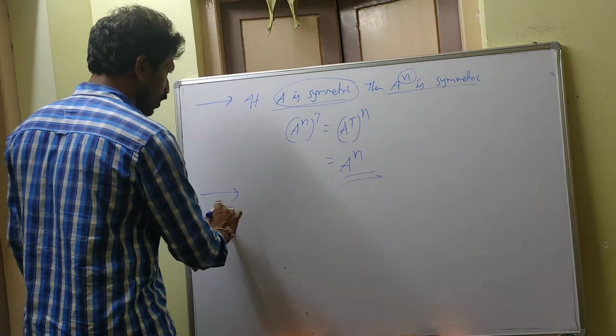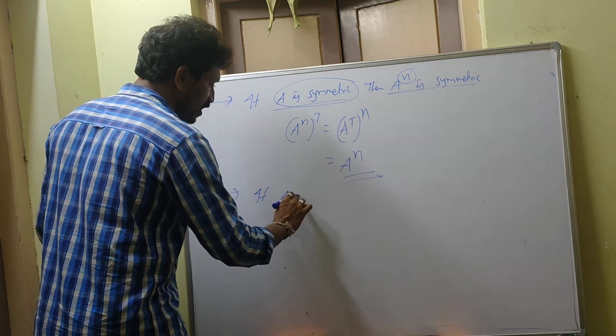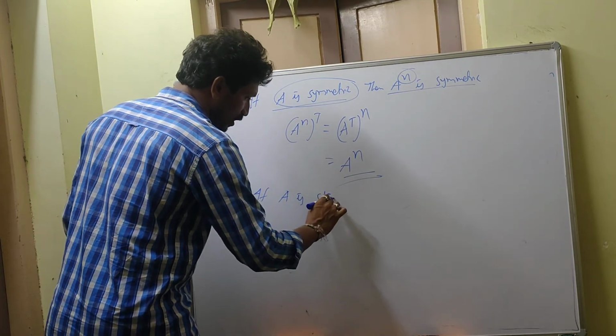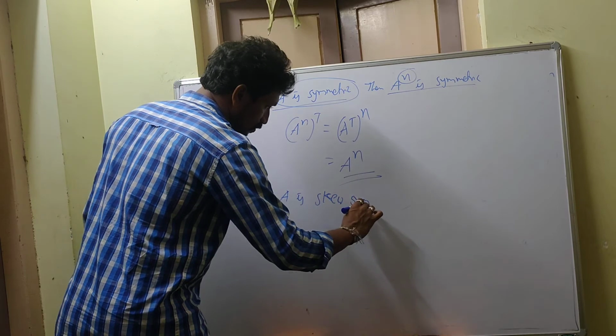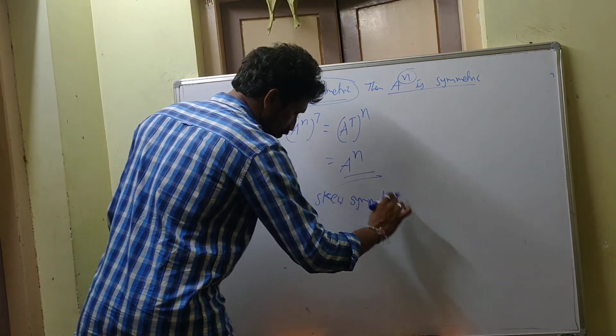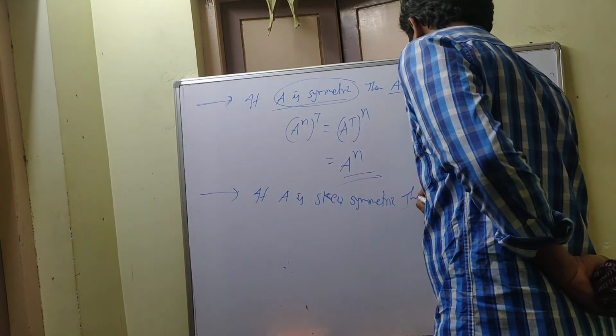So last one. If A is skew symmetric, then this is very, very important.